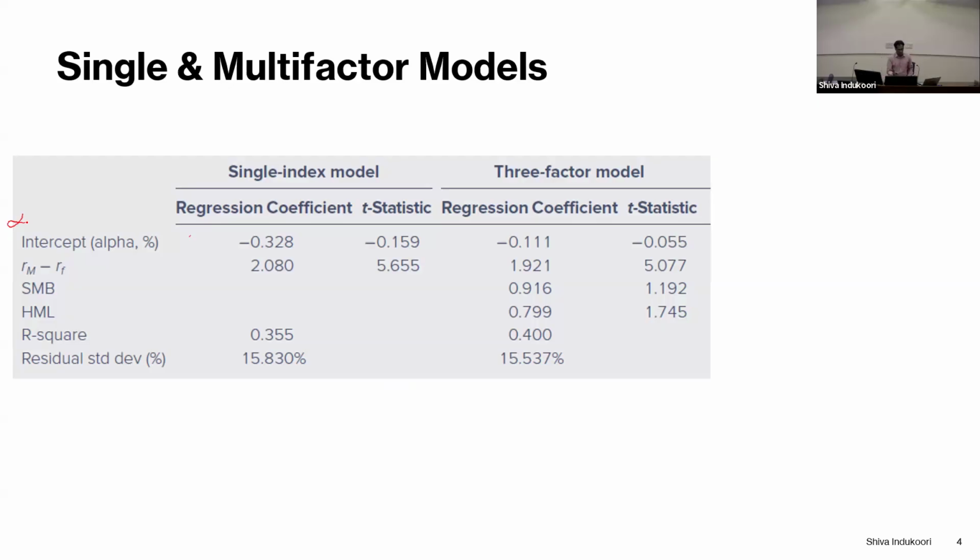So we have something which is already done. If you have the result like this, what does that mean? The answer is, in single index factor, the answer is 2.080.